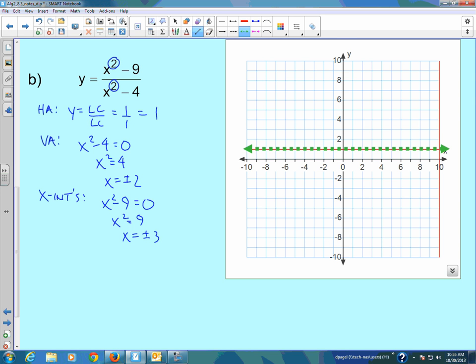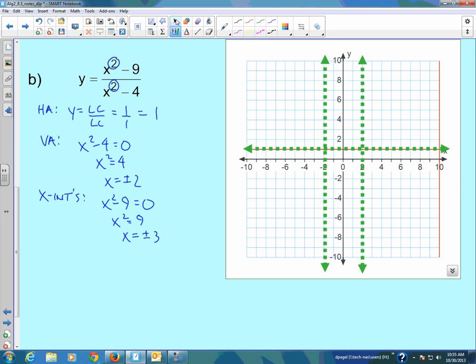Verticals, plus and minus 2. Horizontal, we got that. X-intercepts. X-intercepts are positive 3 and negative 3. So we're right there, and we are right there.